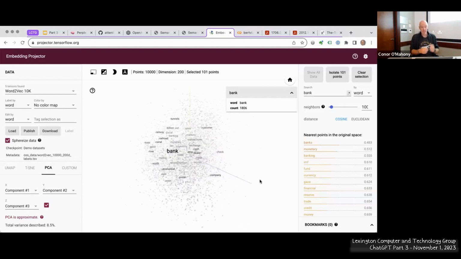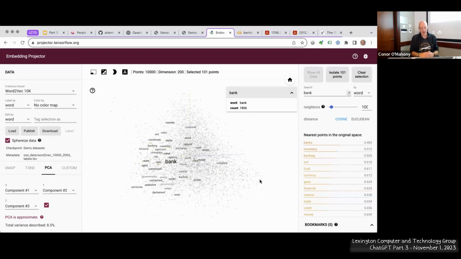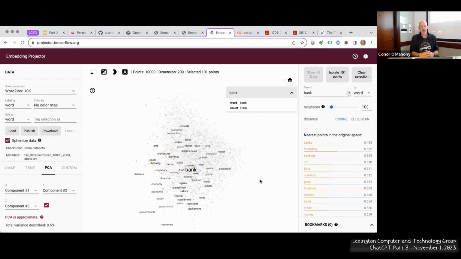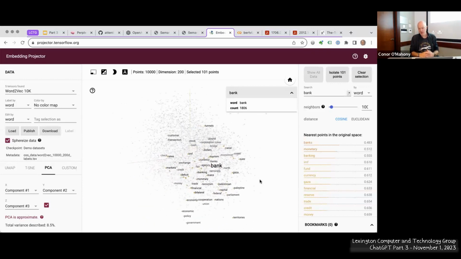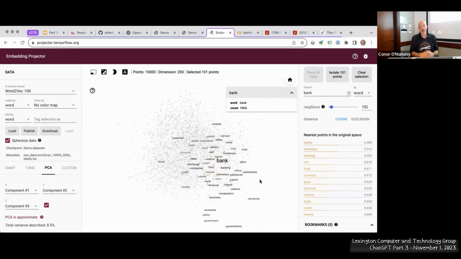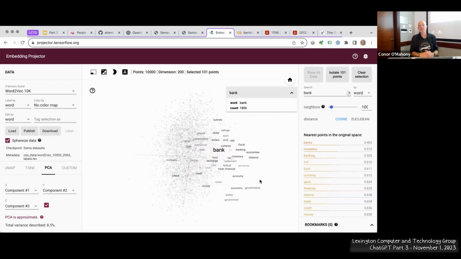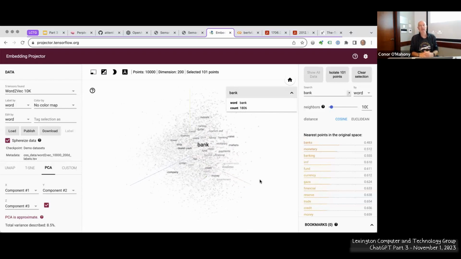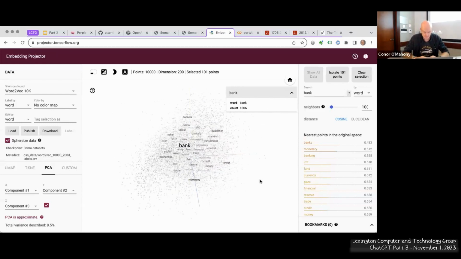There are 50,000 plus words in the vocabulary of ChatGPT, and when plotted onto a 12,000 plus dimensional space, there's quite a degree of space around these words, and the math that we're going to do operates quite well on them as a result.